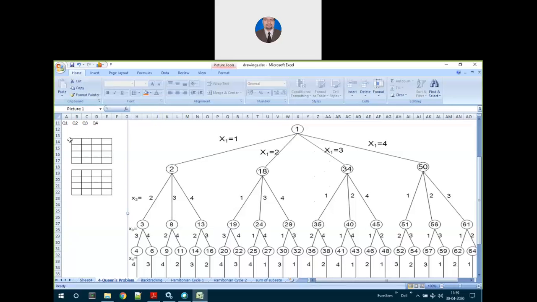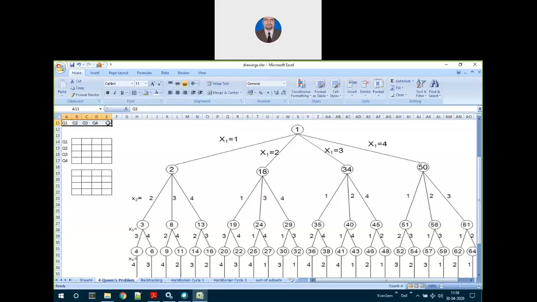So what we will try to do is have certain rules such that on the first row we will only keep queen 1. Then in the second row we will assign queen 2, the third row queen 3, and in the same way the fourth row queen 4.